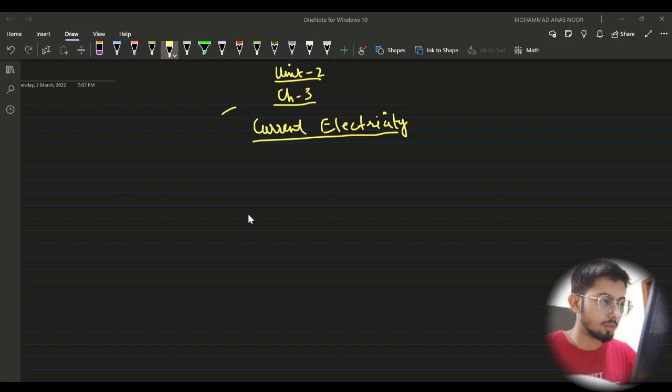So we already know that moving charge constitutes current, and the current is the amount of charge traveled per unit time. I is dq by dt, where I is the current, or q by t.